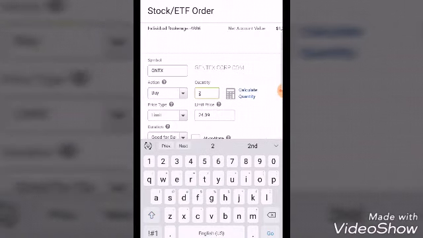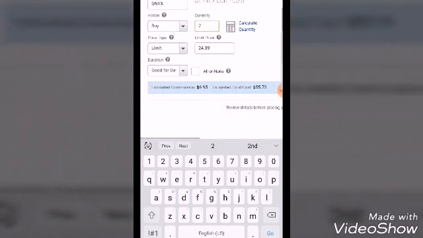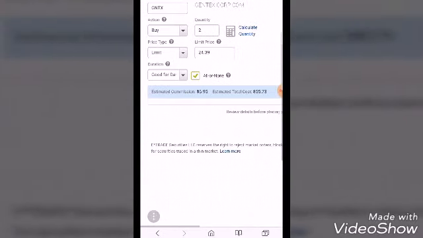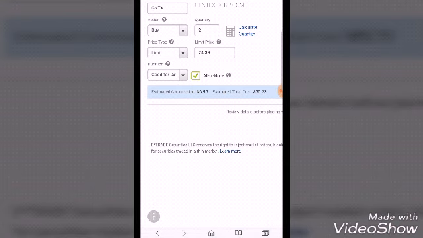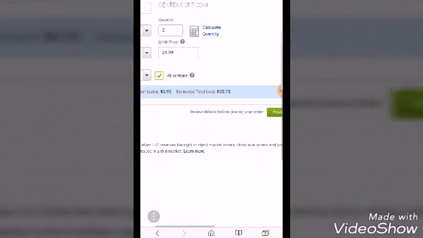So I'll do 2, and good for all day. I'm going to do all or none because I don't want one. $24.39 was the last price. This is what I want to pay for it. Estimated total cost is $55.73. All right, so that's what I want to do. We're going to buy two.